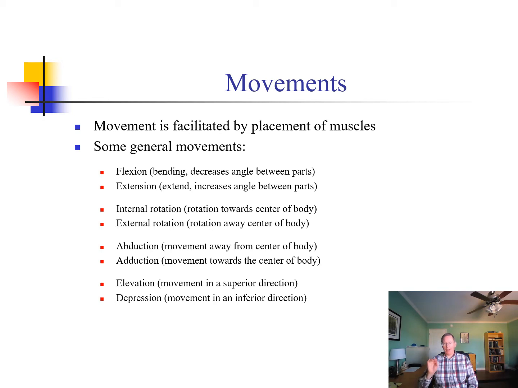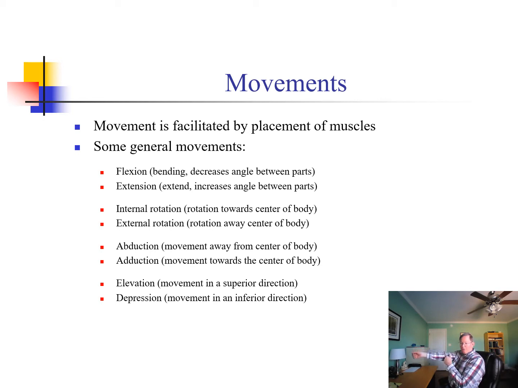I'm going to talk about specific types of movements. These are not all-inclusive, but they account for a lot of the movements that are made, and there are some general principles related to that. One thing that happens when you move is that you have some motion around a joint.